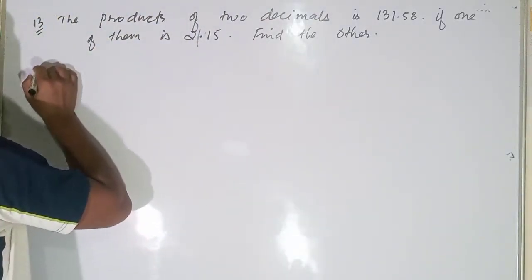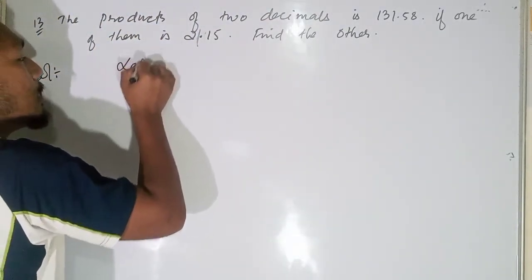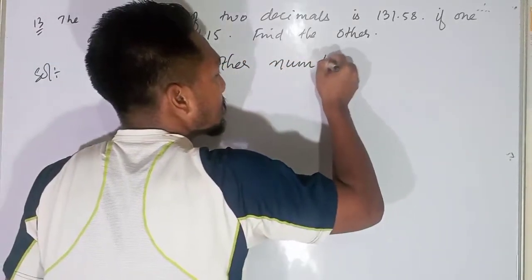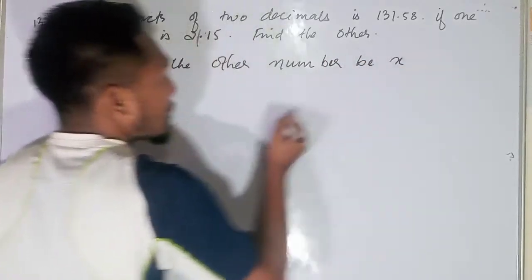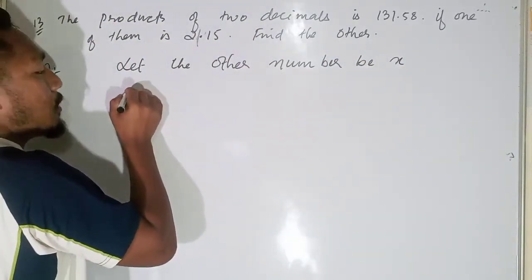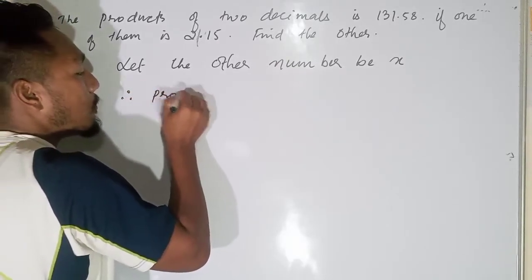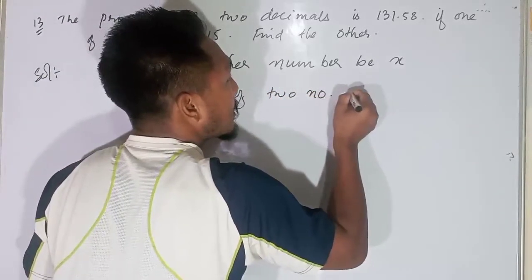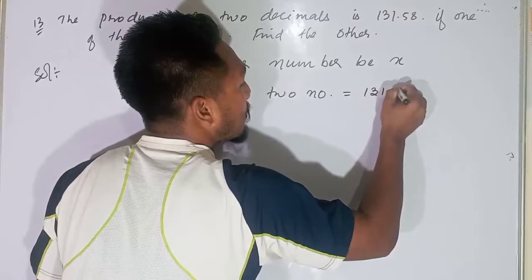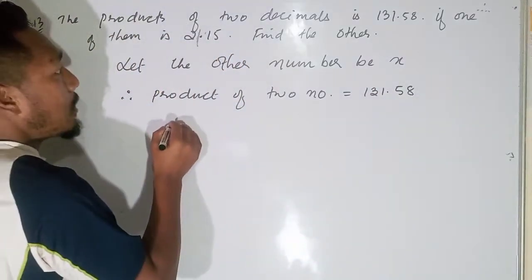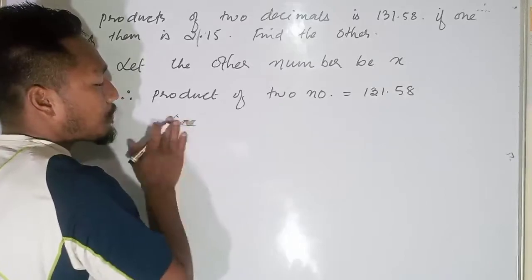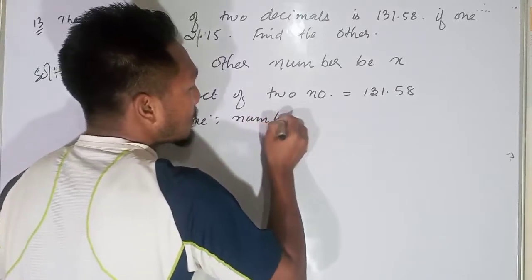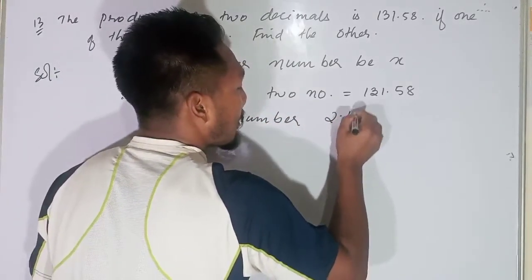Solution. Let the other number be x. So the product of the two numbers is equal to 131.58. One number is equal to 2.15.